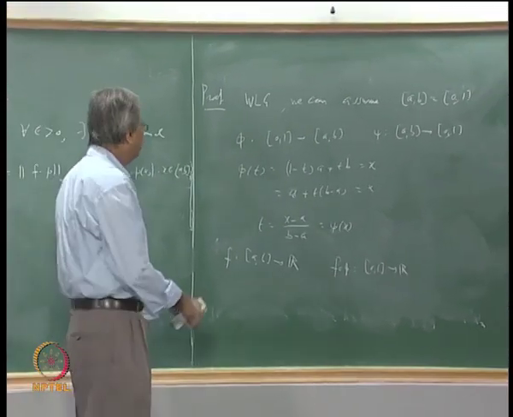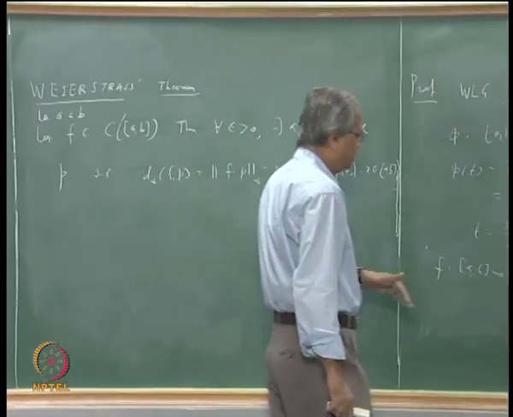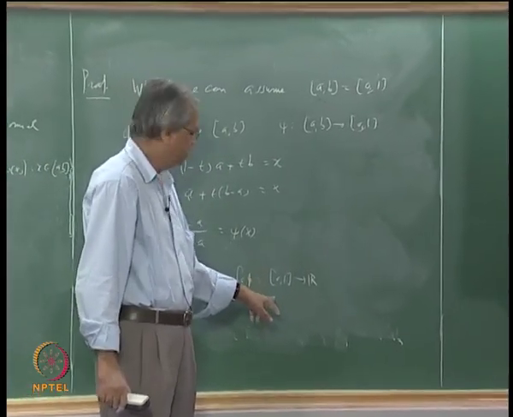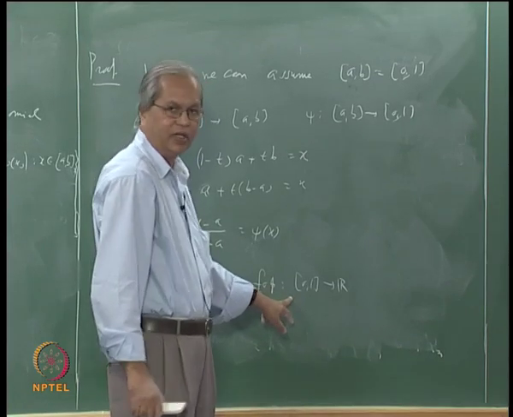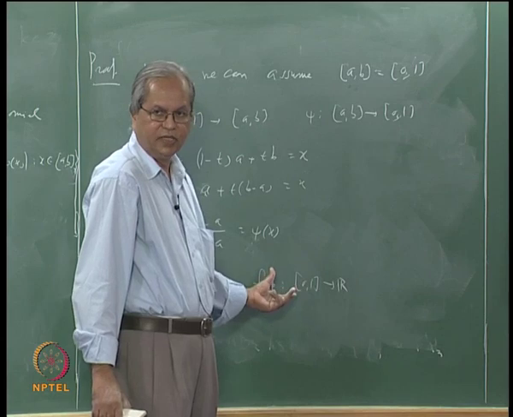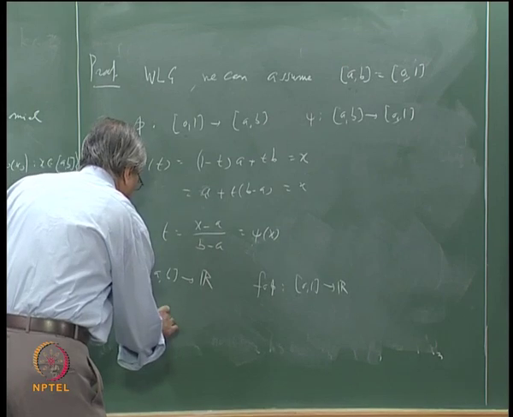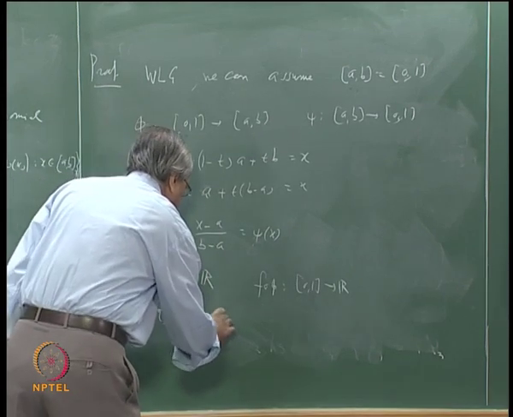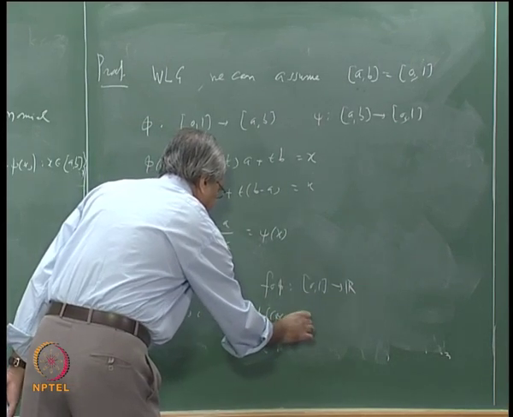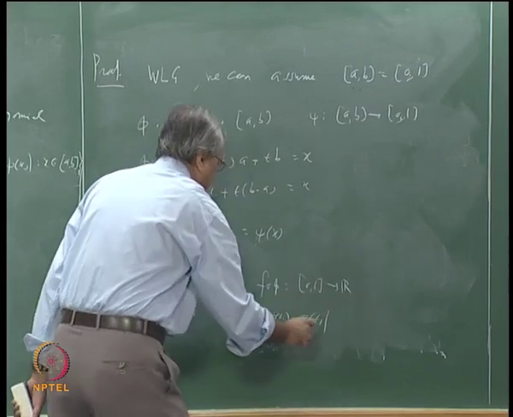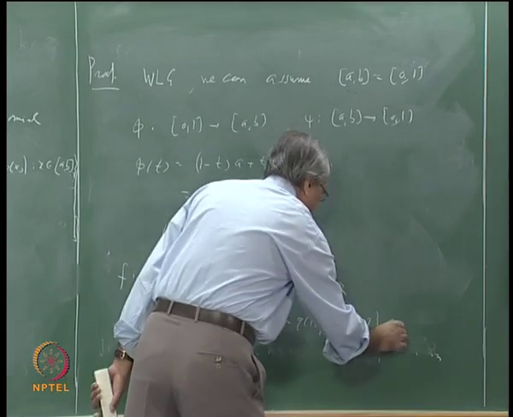Suppose we have proved the theorem for the interval 0 to 1. It will mean that for the given epsilon there will exist some polynomial q, defined on 0 to 1, such that the supremum of mod f of phi t minus q of t, taken over t in 0 to 1, is less than epsilon.